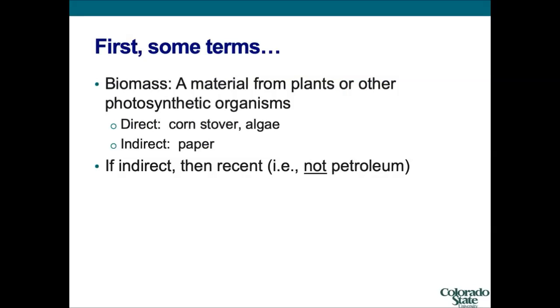But what doesn't count as biomass is oil, which I know a long time ago was photosynthetic material, but as you get from looking at climate change issues, that was so long ago that it doesn't count in terms of carbon cycling. So that's biomass.